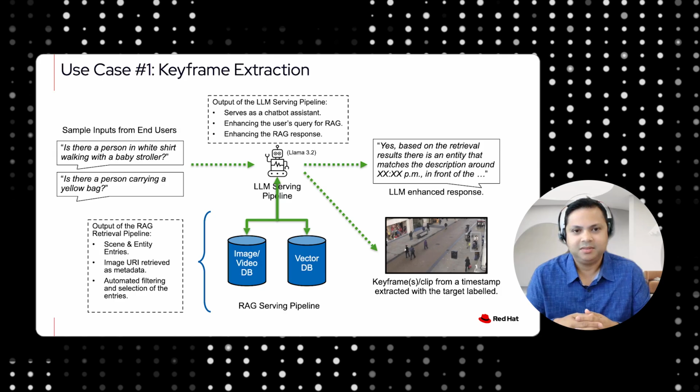The first use case is keyframe extraction, where a user can query if a person is doing a certain activity or carrying a certain bag. They can interact with the user interface and get the exact image and the timestamp where the event occurred.